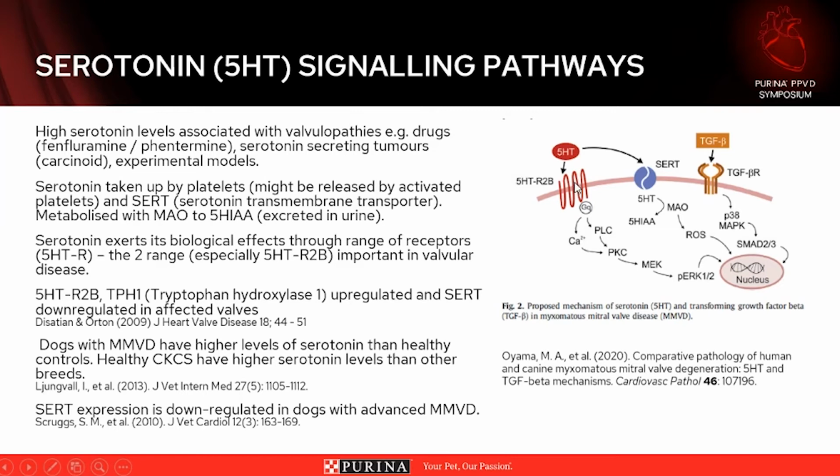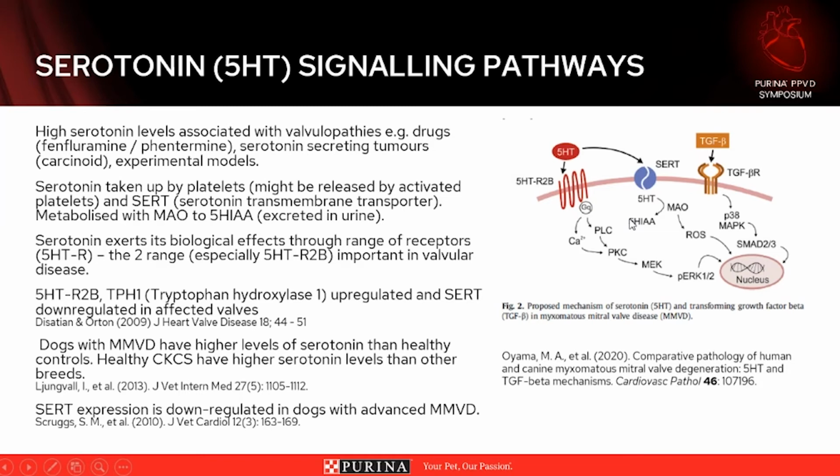This is looking at the pathways we looked at before with the ERK pathways, causing more extracellular matrix production. There's also a serotonin reuptake transporter, SERT, and this will also take this up, and it will break down your serotonin into 5-hydroxyindoleacetic acid. That's catalysed by monoamine oxidase, and 5-HIAA is excreted in the urine, so it's inactive, and the Copenhagen group have looked at whether different levels correlate with different parts of the heart disease.